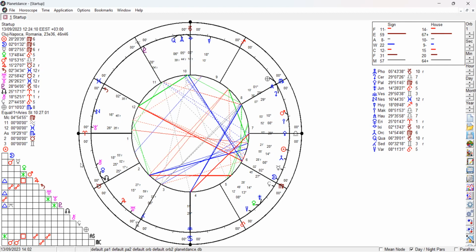It does reflect either our own wounding, especially the natal Chiron, where life has wounded us and what that wound made us do in life. And the transiting Chiron represents where the potential of wounding is as we go along life.